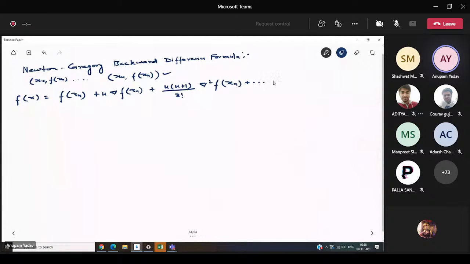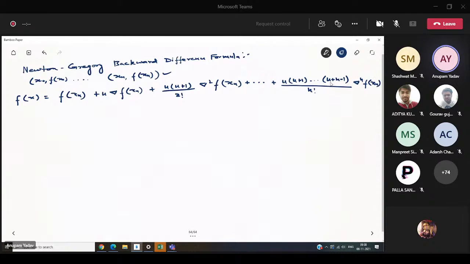In this way it will keep on going till u into (u plus 1) ... (u plus n minus 1) divided by factorial n, and the nth backward difference of f at xn.